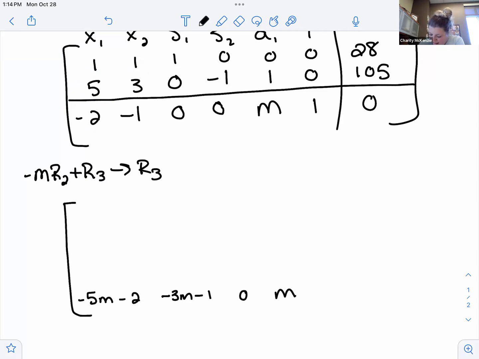This one ends up just being M, this one's 0, this one's 1, and this one's negative 105M. Okay. If I go too fast, pause the video, write them out, make sure you followed those steps, okay? Everything else stays the same.